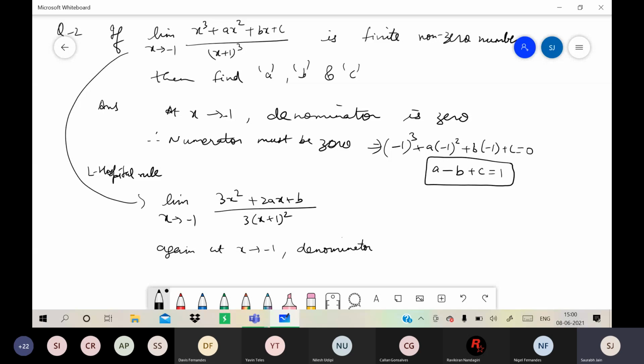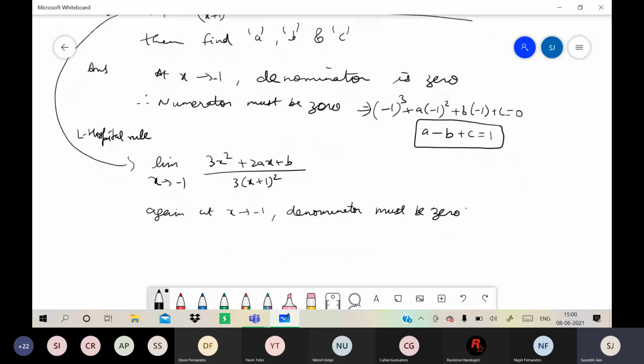Now someone can say 0 will take 1. But take 1 in the numerator and the denominator is 0, 1 by 0 means infinity. And it is given that the limit is a finite non-zero number. That is why the numerator must be 0. And why are we doing this? Because the question must be of the form 0 by 0.